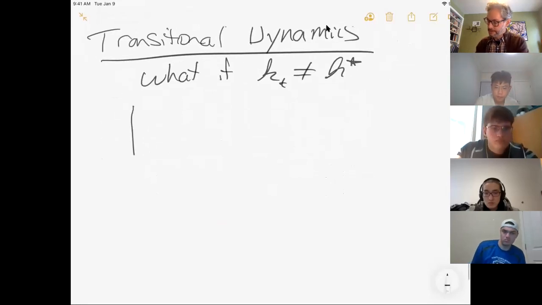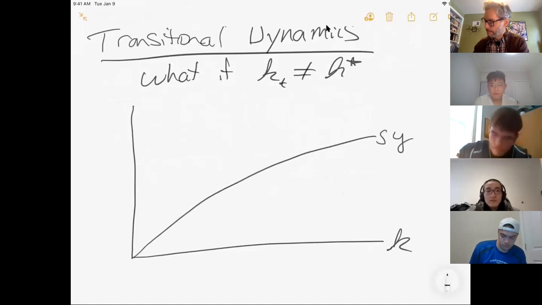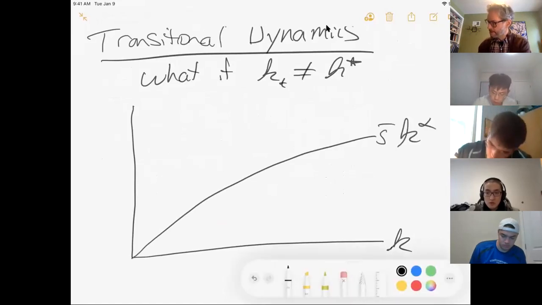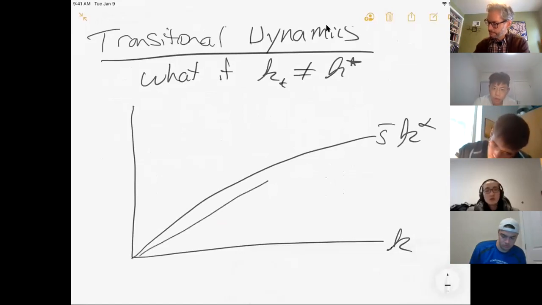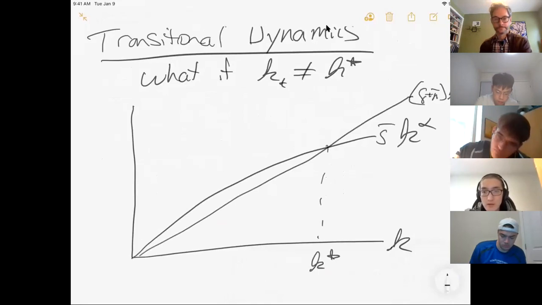So let's think about this. So I'm going to redraw our Solow diagram here. So there's S times our production function. And here's our steady state.